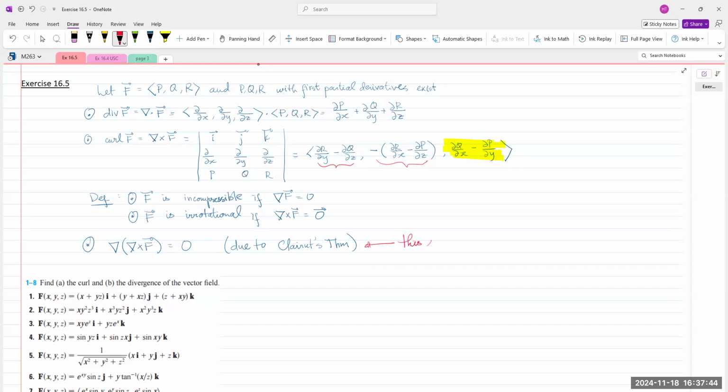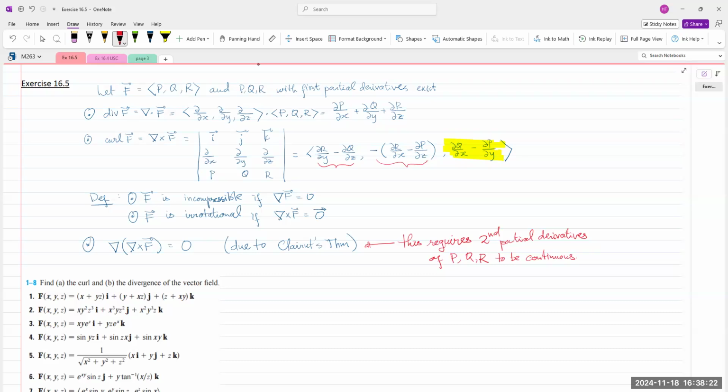This requires the second partial derivatives of PQR to be continuous. Therefore Clairaut's theorem applies. That's basically what we really need from this section.